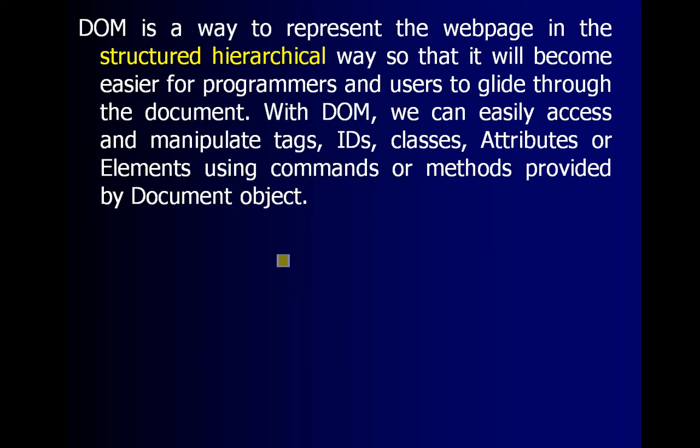So DOM is a way to represent a web page which contains a lot of elements, tags, attributes, text, all these things in a structured hierarchical way, so that the programmer can easily access or glide through the document. We can manipulate tags, IDs, classes, attributes, or elements using commands or methods provided in the document object.